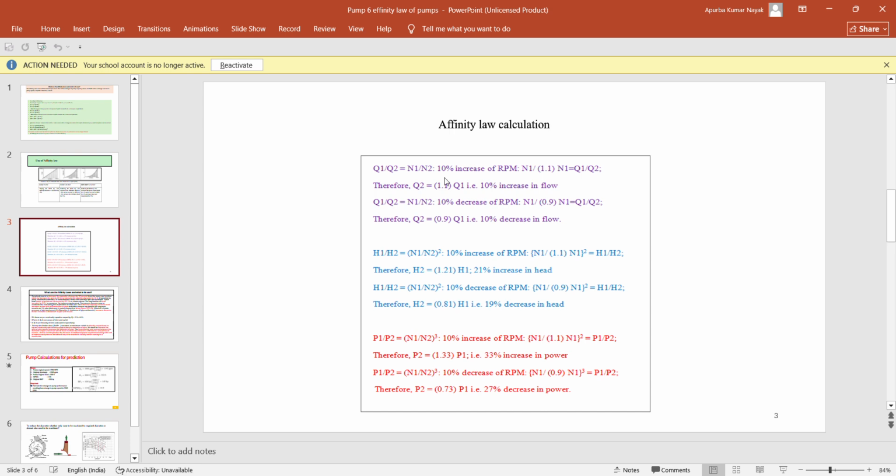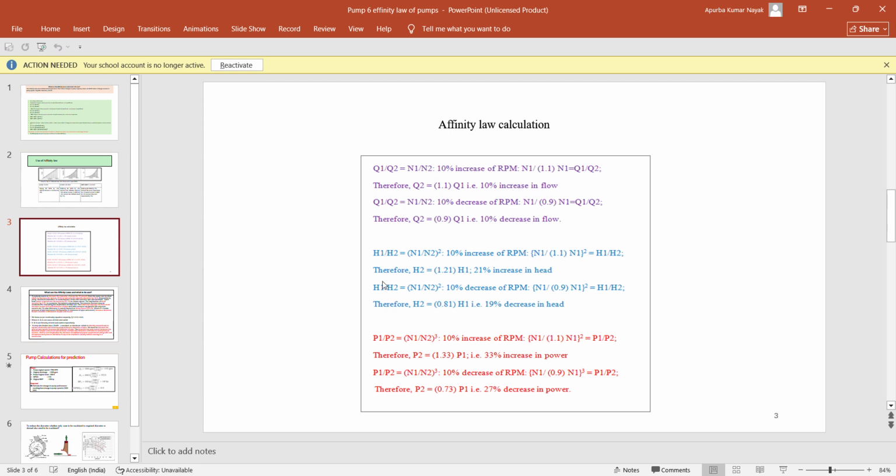That will be explained here. First I have told you capacity with respect to RPM and with respect to diameter. If we increase RPM by 10%, the final capacity will be Q2 equal to Q1 into N2 by N1, as you see 1.1 N1, so a 10% increase in flow. Similarly, for a 10% decrease, 0.9 N1 by N1, so Q2 is 0.9 Q1, a 10% decrease in flow.